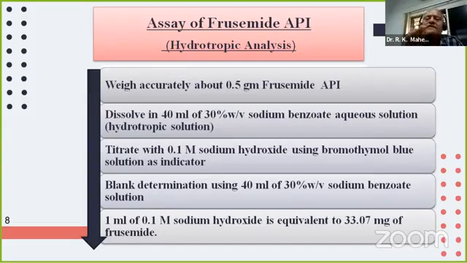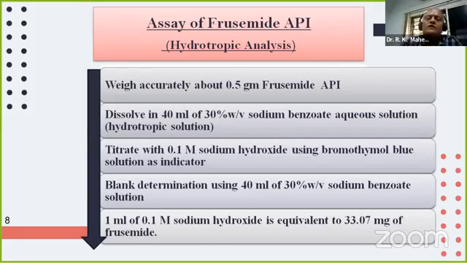Of course, I got the same method checked at IPC Ghaziabad, the Indian Pharmacopoeia Commission. In front of me, their analyst analyzed by the pharmacopoeia method and by this method, and the very same results were there.